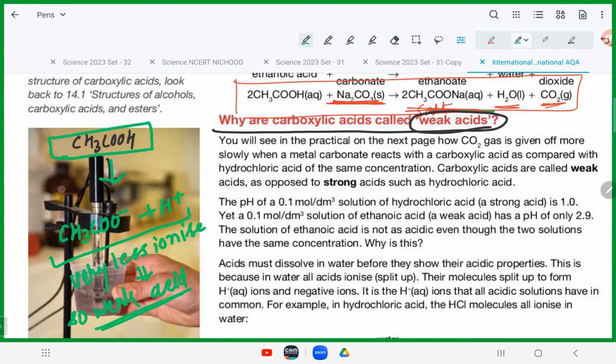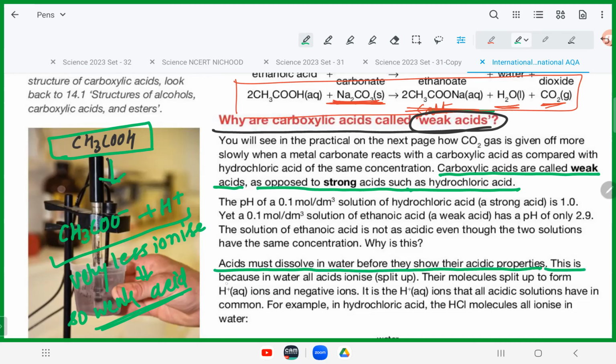Here they are saying carboxylic acids are weak acids, as opposed to strong acids such as hydrochloric acid. The reason they are giving: acids must dissolve in water before they show their acidic properties.